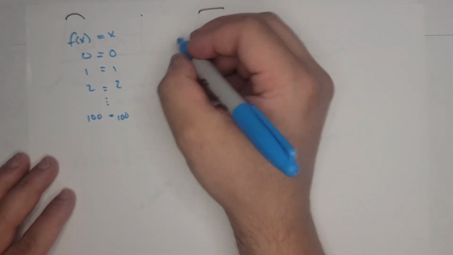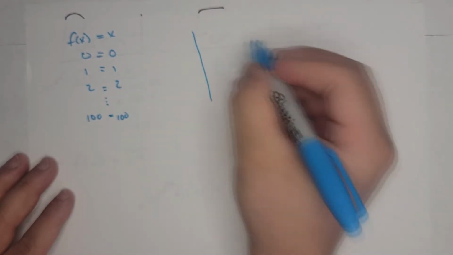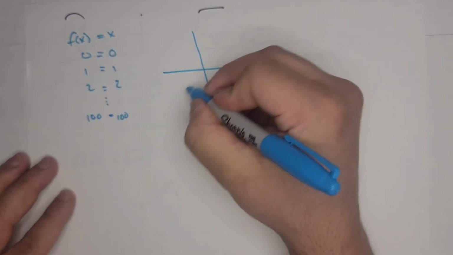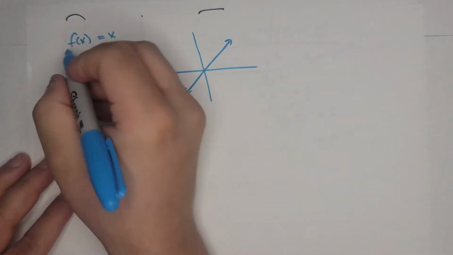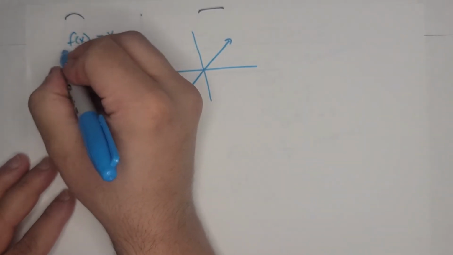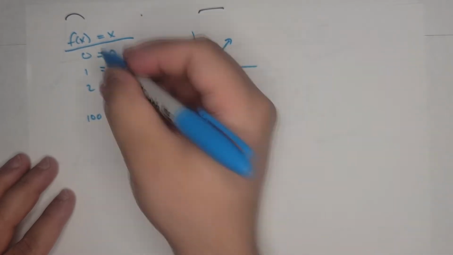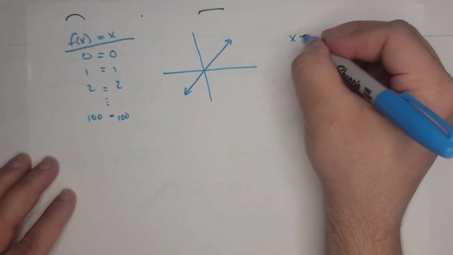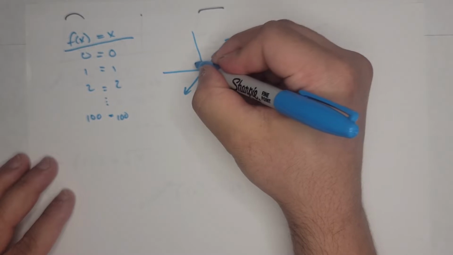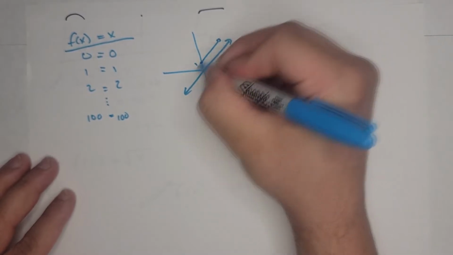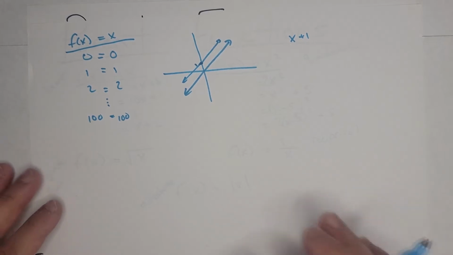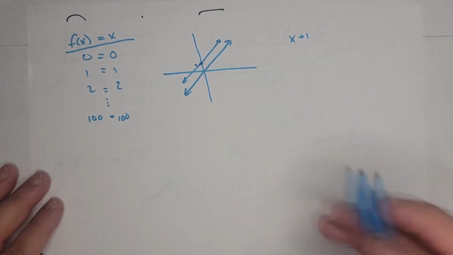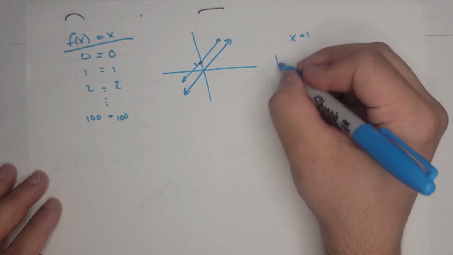So this graph, that's straight, will basically be this. And obviously, this is the parent function. If you were to modify it like x plus 1, it would be here. And we know that from our previous year's lessons. That is our linear.